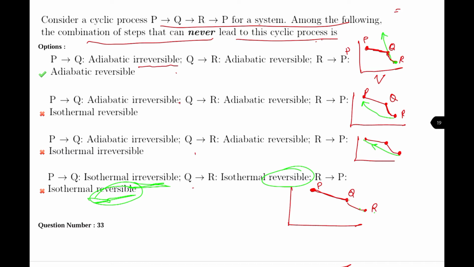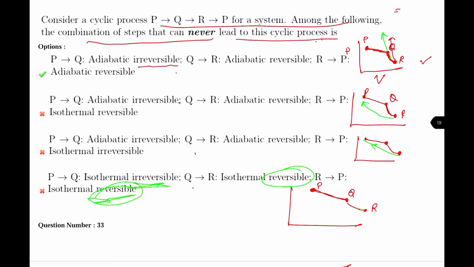If you remember the slope of the curve, it is going to be a curve. So Q2R is a curve. Now R to P is adiabatic reversible. So for adiabatic reversible, the slope will remain the same. So it will try to go through P, which will not make a cyclic process. Therefore this option is right.